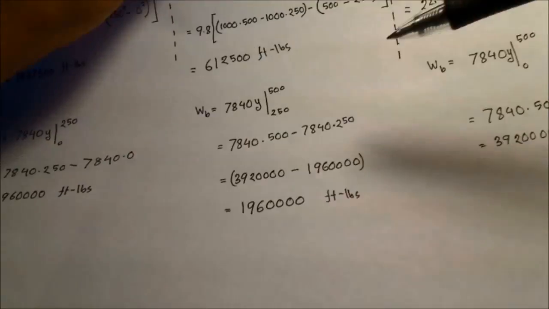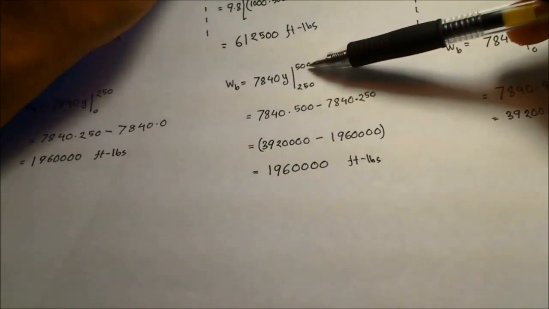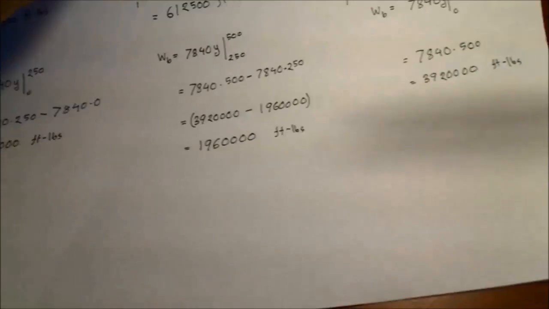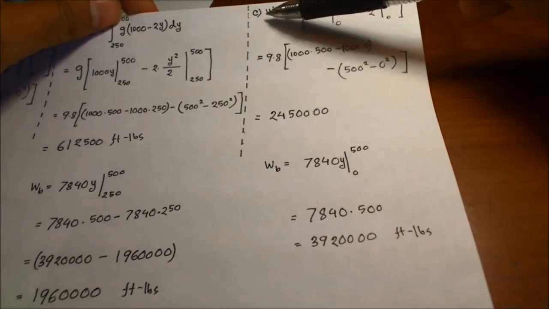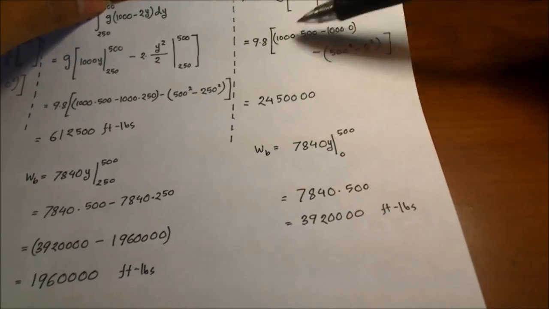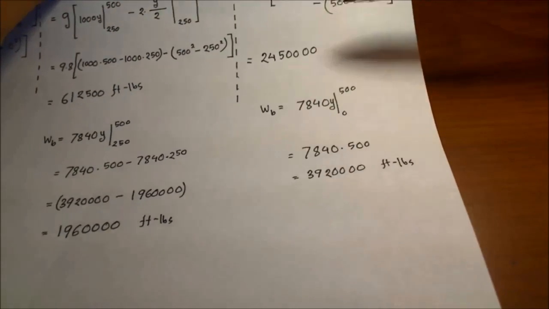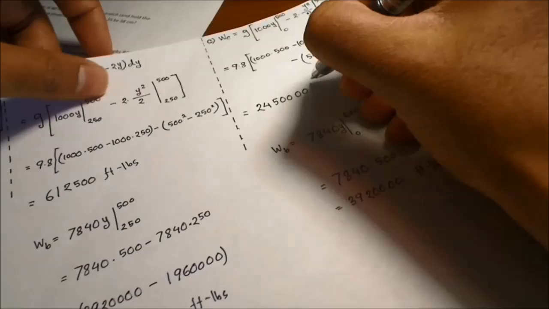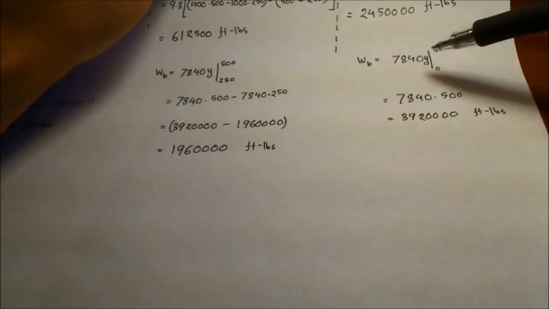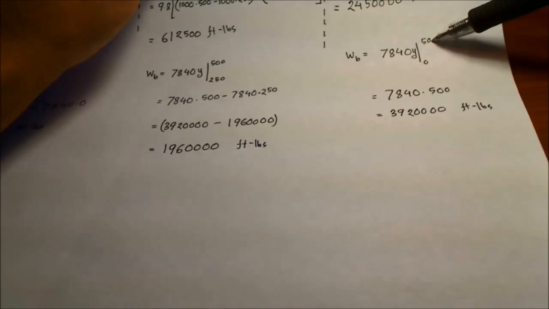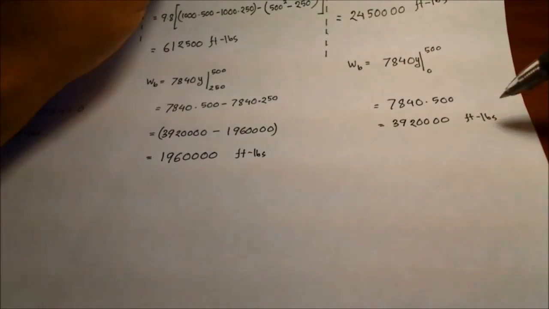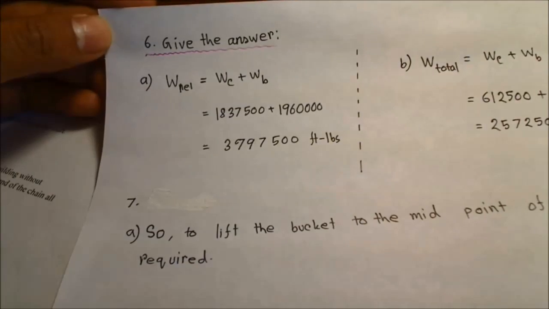Then we did the WB also, with the limit from 250 to 500, same thing. In part C, we set up the limit we already mentioned, plug in the limit values over here, and we get this answer in foot-pounds. For WB, we did the same thing. We plug in the limit, and we get this answer.